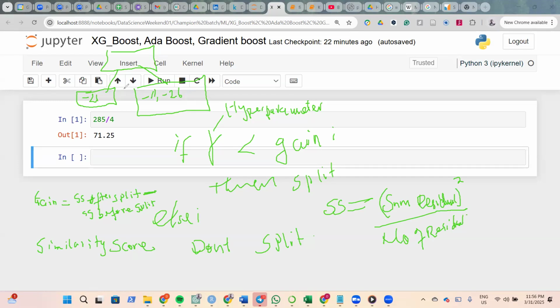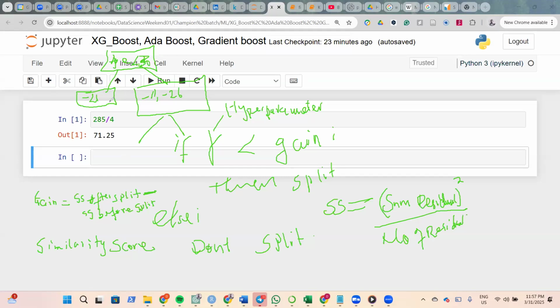So now, the question is, listen carefully. Once the first split like this has been made, using H less than 30, the question is, should there be another split? Should the algorithm continue to split again?